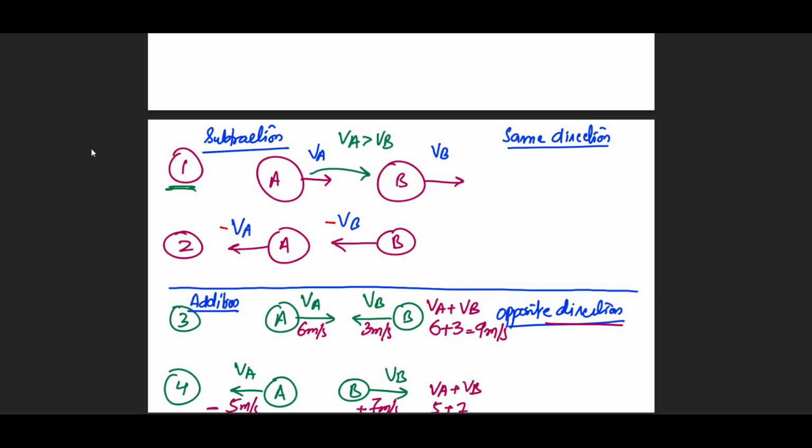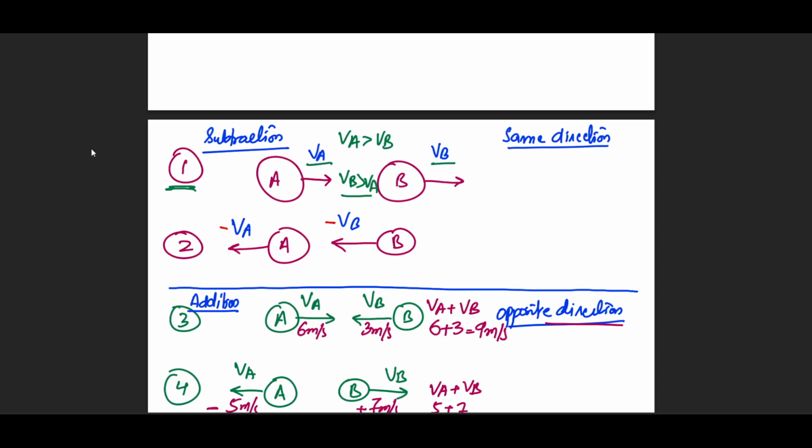But after the collision, that is where it gets interesting. VB has to be greater than VA because they cannot embed together, they cannot stick together, they cannot join together even after the collision, or a second collision cannot take place. So this will be a relative speed idea or an elastic collision idea. So based on this idea that after collision, VB has to lead, it has to be faster than VA.